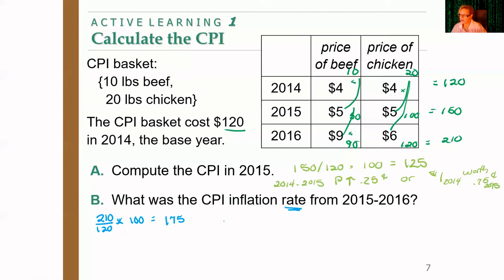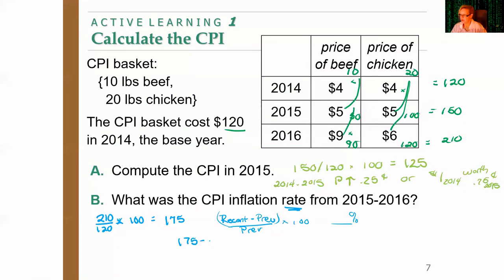Anytime you see the word rate, you're going to express it as a percentage. So essentially what I'm going to do is use the most recent CPI minus the previous, divided by the previous, times 100, and because it's a rate, express it as a percentage. So my most recent is 2016, so I'm going to take 175.